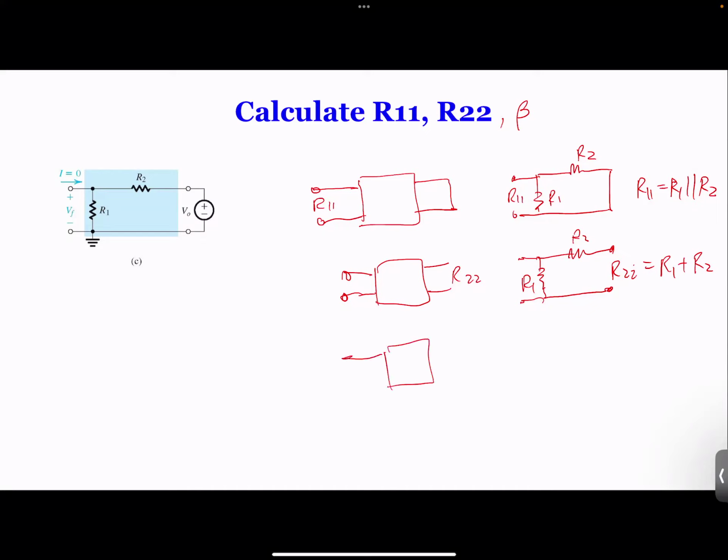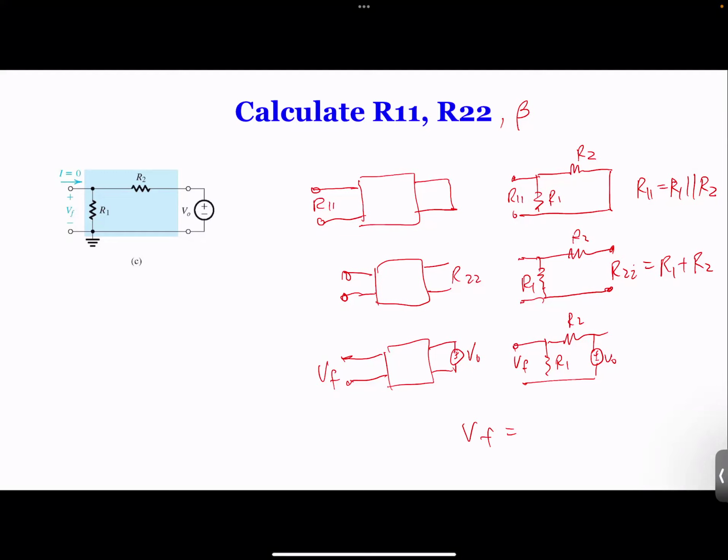And then the next one is to get beta. To get beta, we do this. We go VF, then we apply a voltage source over here, VO. So we can write VF as a function of VO. How do we write VF as a function of VO? VF is from here to here, and VO is here.